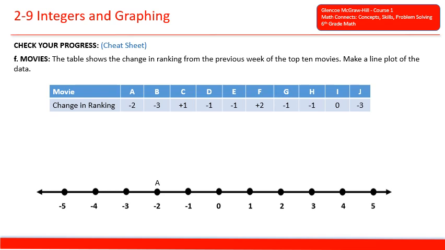We'll put A on -2, B on -3, C on 1, D on -1, E on -1, F on 2, G on -1, H on -1, I on 0, and J on -3.